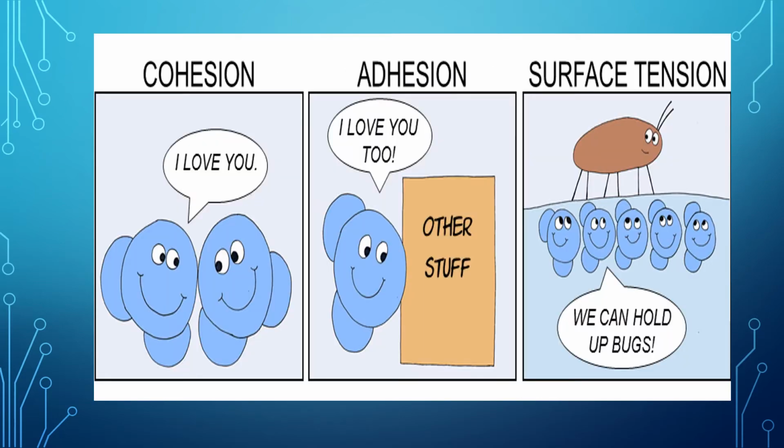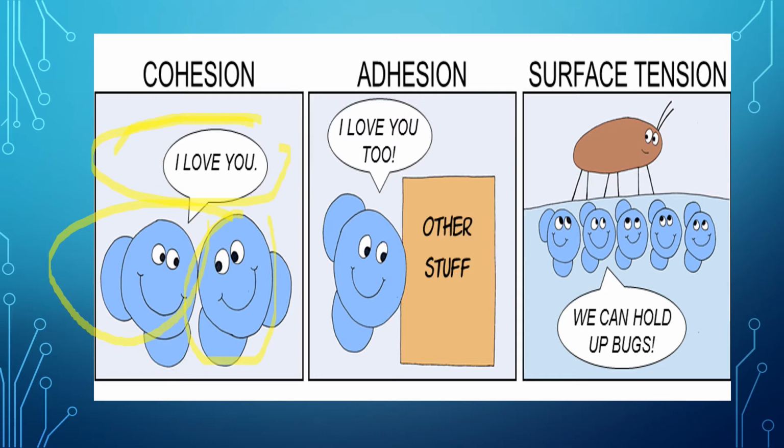Next, we have here a picture where it is an explanation of cohesion and adhesion in a surface tension. But what do you mean by cohesion, ma'am, and adhesion? So, cohesion by the picture itself, nakita nyo, dalawang molecules where they telling to each other of I love you.